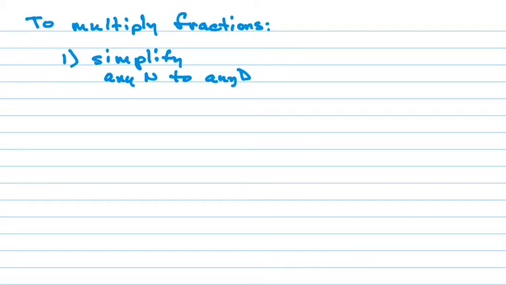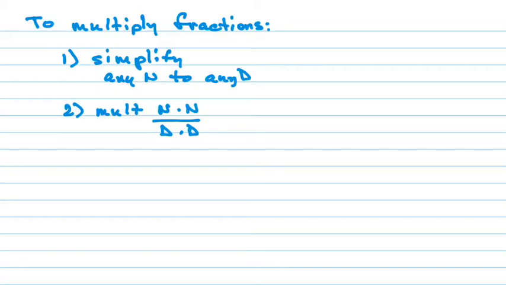And then after that, simply multiply numerator times numerator and denominator times denominator. And you might want to look at the final answer just to make sure that it's simplified to its fullest form. But as long as you're careful, it should be from the beginning. If it's not, then go ahead and just simplify it then. But make sure that it always is simplified to its fullest form.